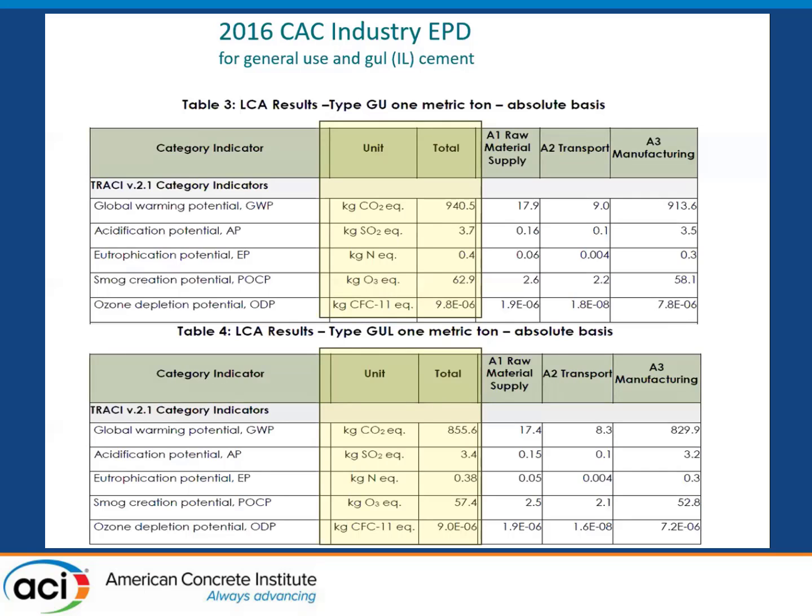In this case, when the cement industry of Canada did it in 2016, they compared type 1, or in this case GU, which is what we in the US would call type 1, and PLC, or 1L in the US, which would be GUL in Canada. We can see there is basically a 10% reduction in the CO2 emissions from using PLC versus using type 1.